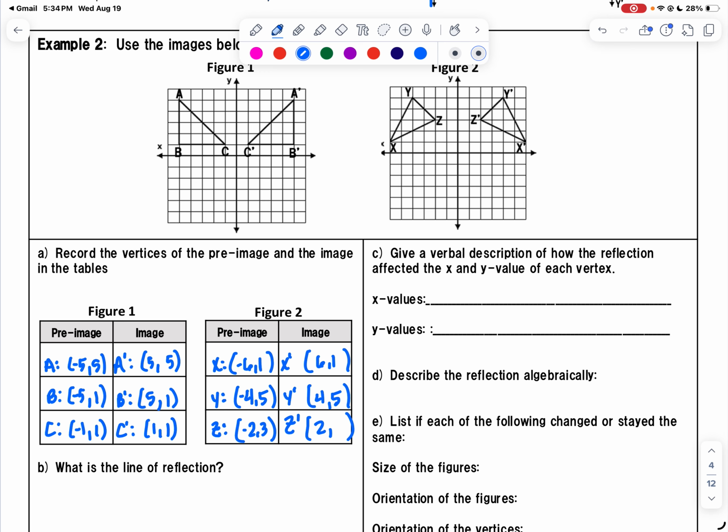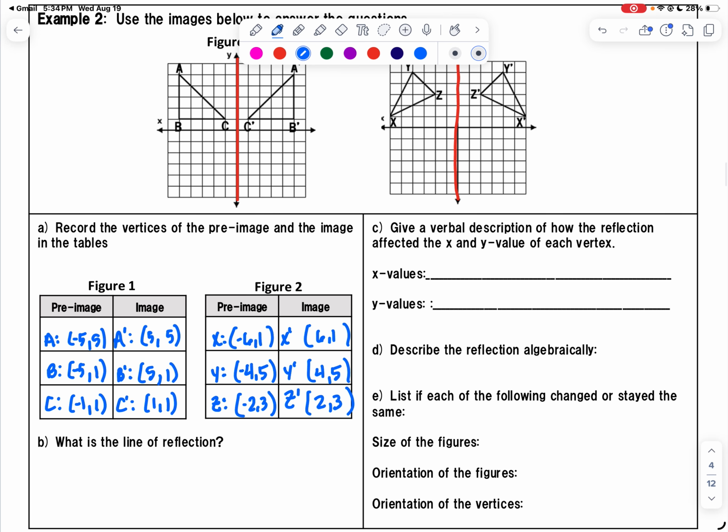Now, in both of these figures, figure 1 and figure 2, what was the line of reflection? So hopefully you can see that these triangles were reflected across the y-axis. So our line of reflection was the y-axis. So in problem C, it says give a verbal description of how the reflection affected the x and y values.